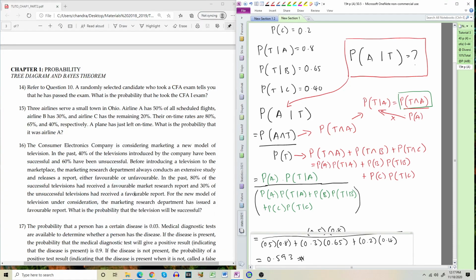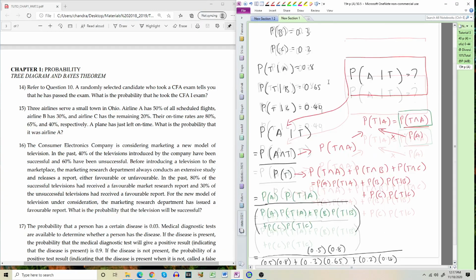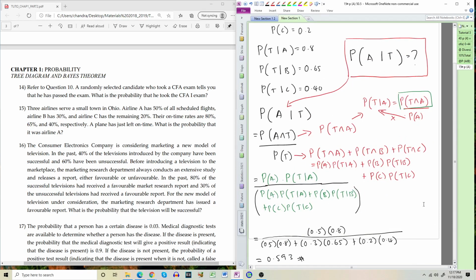Okay, now what else? This is question 15. I move on to question 16.